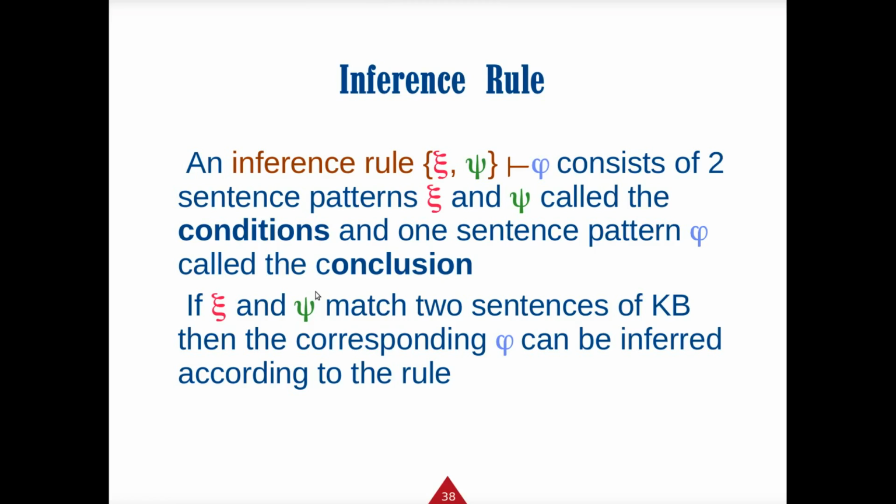And so we have these inference rules. An inference rule, gamma and psi implies phi, consists of two sentence patterns, gamma and psi, called the conditions, and one sentence pattern, phi, called the conclusion. So if gamma and psi match two sentences in the knowledge base, then the corresponding phi can be inferred according to the rule. So what this is saying is if these two things are true, then you can infer the third thing.